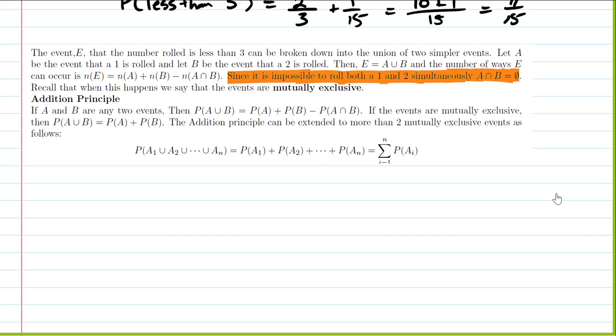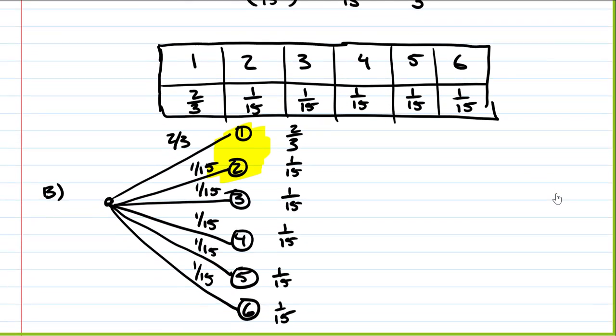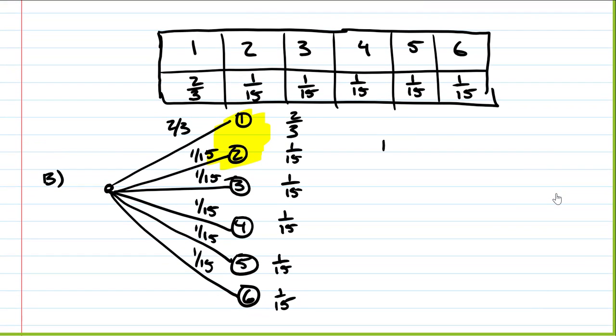The addition principle can be extended to more than two mutually exclusive events. So going back to the problem we just did, once we had our probability distribution, if we wanted the probability of a 1 or a 2, which is what we wanted, they're mutually exclusive, so this is the probability of 1 plus the probability of 2, which would be 2/3 plus 1/15, which is the same thing we got.